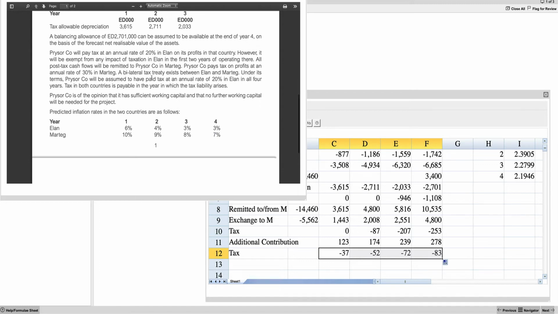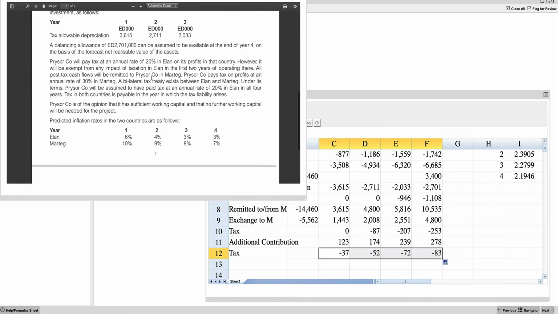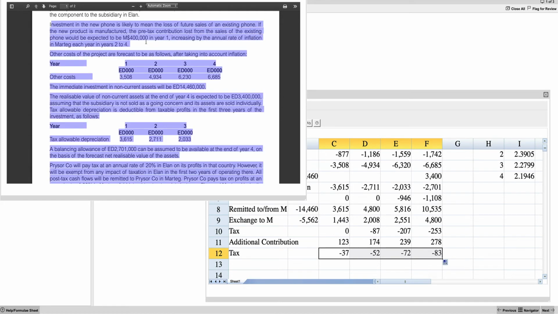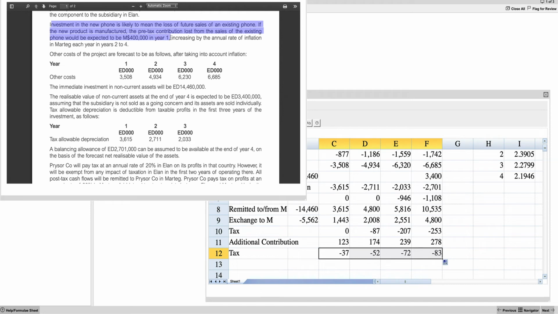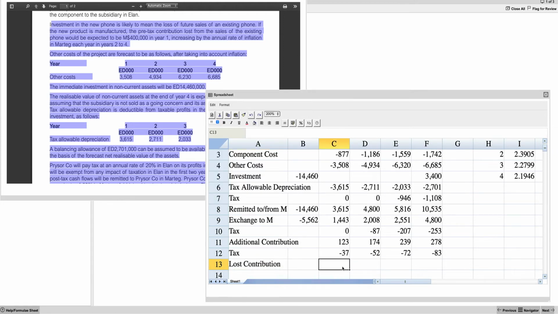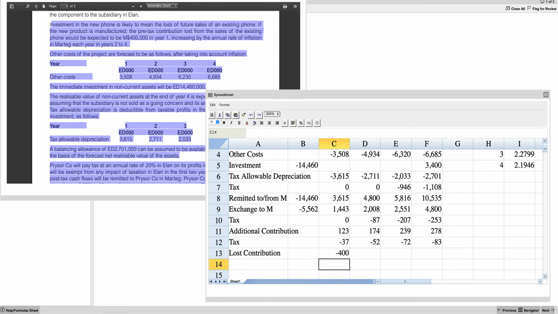Okay, now I think there was just one other thing that happened. It says investment in this new phone will meet the loss of future sales of an existing phone. We're going to lose the pre-tax contribution of 400,000 already in our currency in year one, but will increase by inflation. So, lost contribution, minus 400.